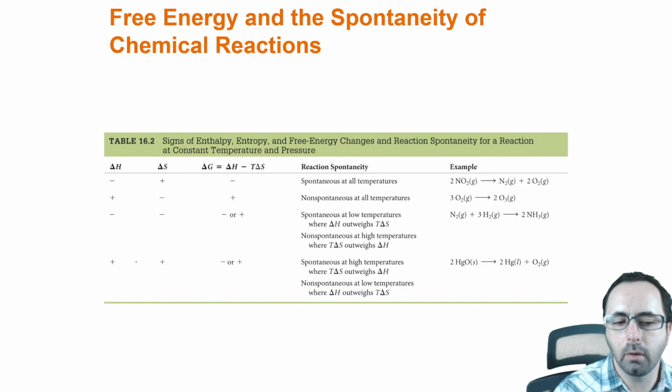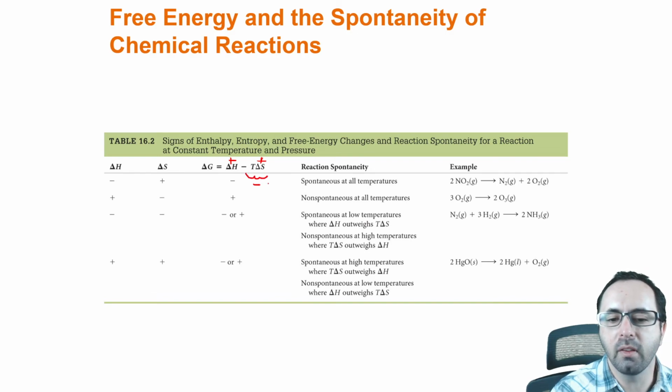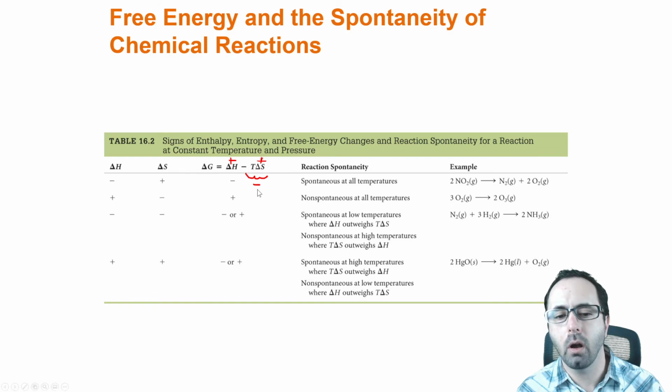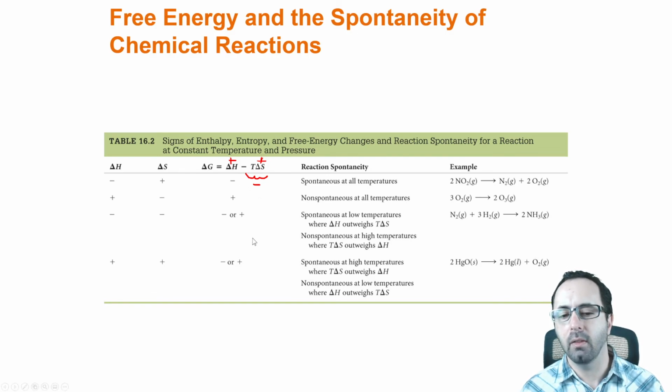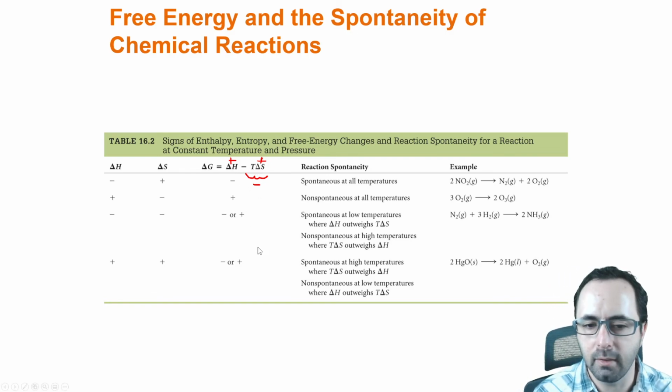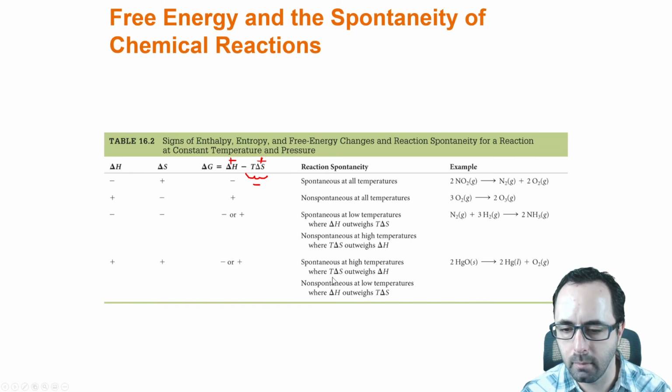For an endothermic reaction where delta H is positive, and if it's increasing in entropy where delta S is positive, that means the second term is going to be the negative term. So if the second term is big, that will cause delta G to be negative, and thus the reaction will be spontaneous. And so here, if T is big at high temperatures, then delta G will be negative, the reaction will be spontaneous.